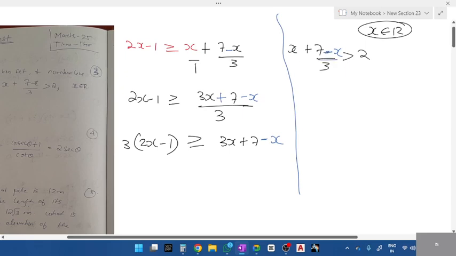Split and do it. Yes, Naomi, even you try this. 7 minus x. You already done, right? Okay, fine. Yeah, Joanna completed. X belongs to real number.